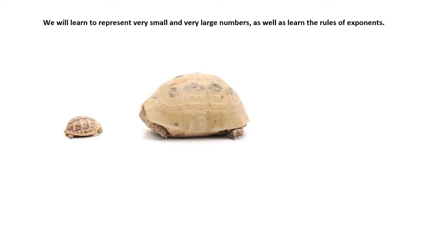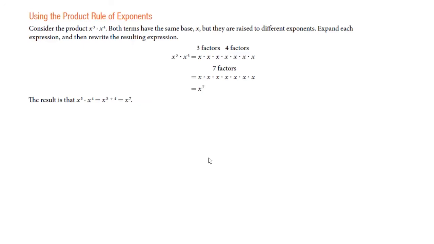We will learn how to represent very large and very small numbers, as well as the rules of exponents. Let's consider the product of x cubed multiplied by x to the power 4. So x cubed has 3 factors of x, and x to the power 4 has 4 factors of x. That gives us 7 factors of x.